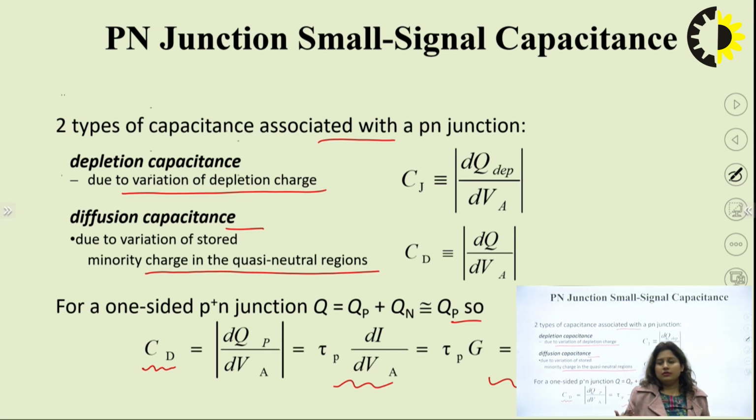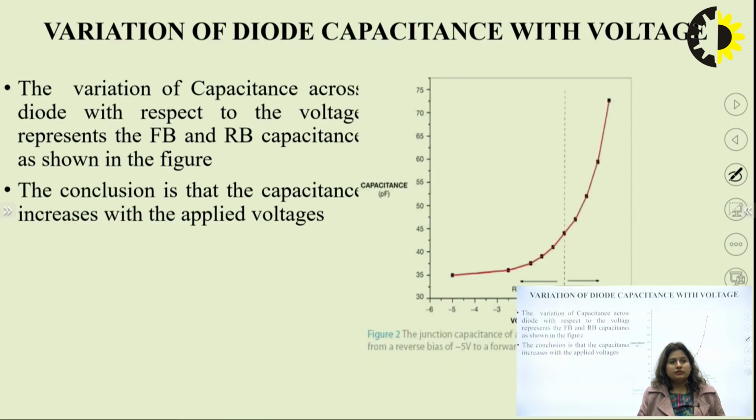So G we have already calculated, which is IDC upon KT upon Q, and by multiplying with tau p, the time the holes reside in the P region, we can calculate the junction capacitance for the diffusion side.